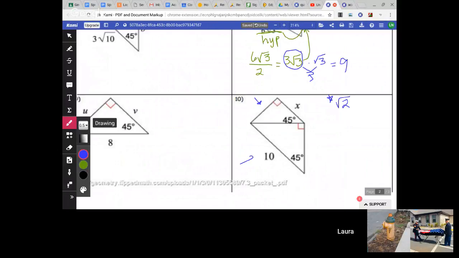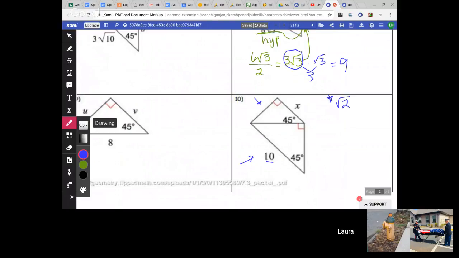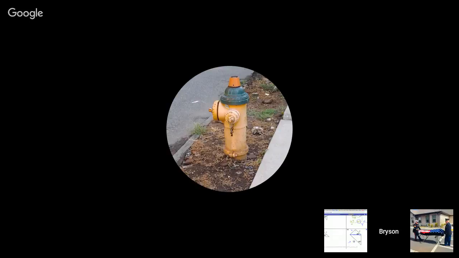So you have to do something with the bottom triangle first because you have this 10 to work with. This part right here touches the top triangle. If we can find that out, it'll help us know some measurements for the top triangle. Does that make sense? Yes. Okay.